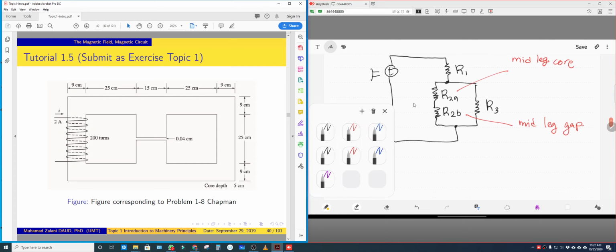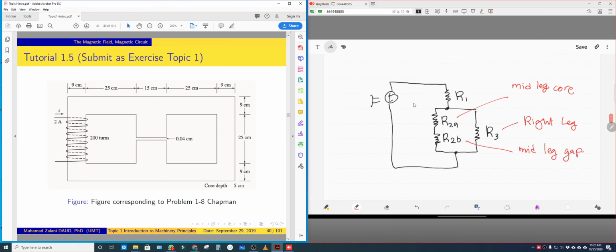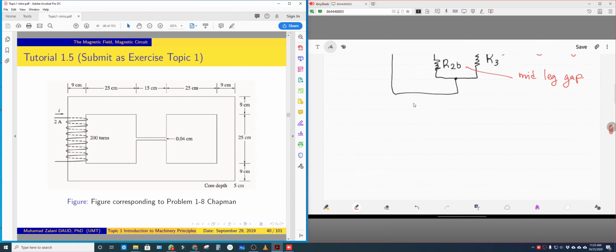So this is the reluctance of the right leg. This is the reluctance of the left leg. Right. So now we want to find the total reluctance.